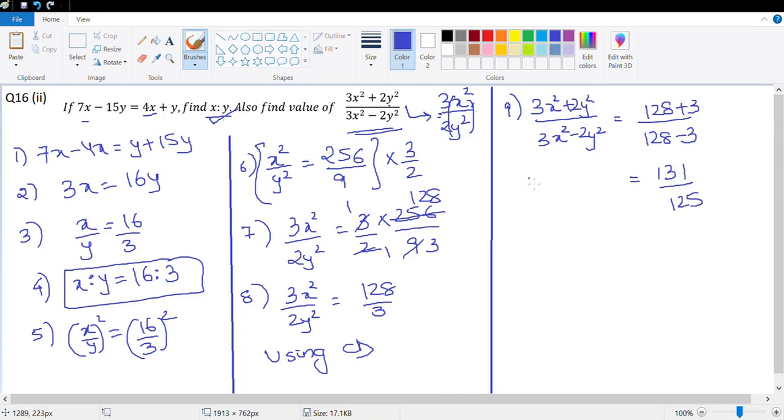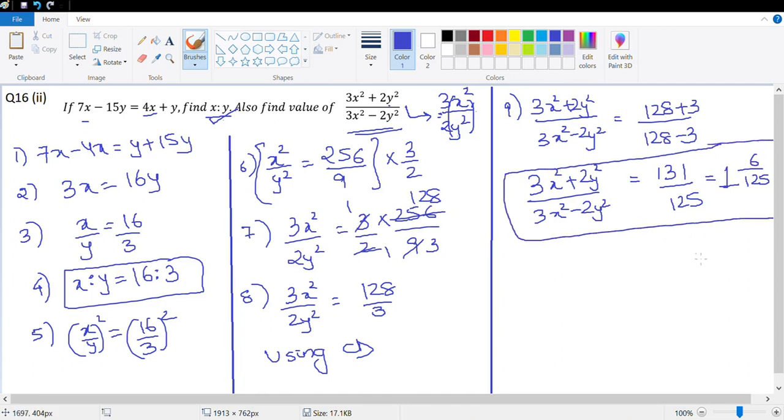So that's our answer, 3x square plus 2y square upon 3x square minus 2y square is equal to 131 upon 125. You can also write it in the mixed fraction form, 1 and 6 upon 125. Perfect. That's the final value.